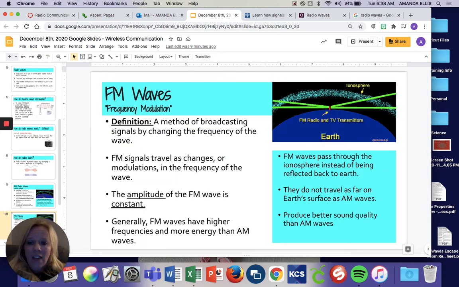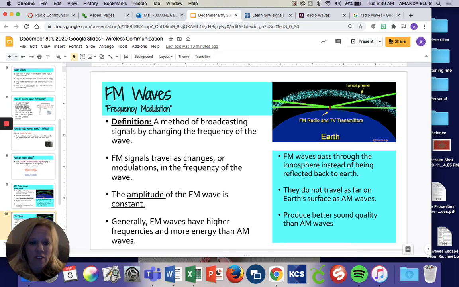So taking us to FM waves, if AM causes a change in the amplitude, FM causes a change in the frequency of a wave. So this is just a method of broadcasting signals by changing the frequency of the wave. What happens is, again, FM signals travel as changes or modulations in the frequency of a wave.